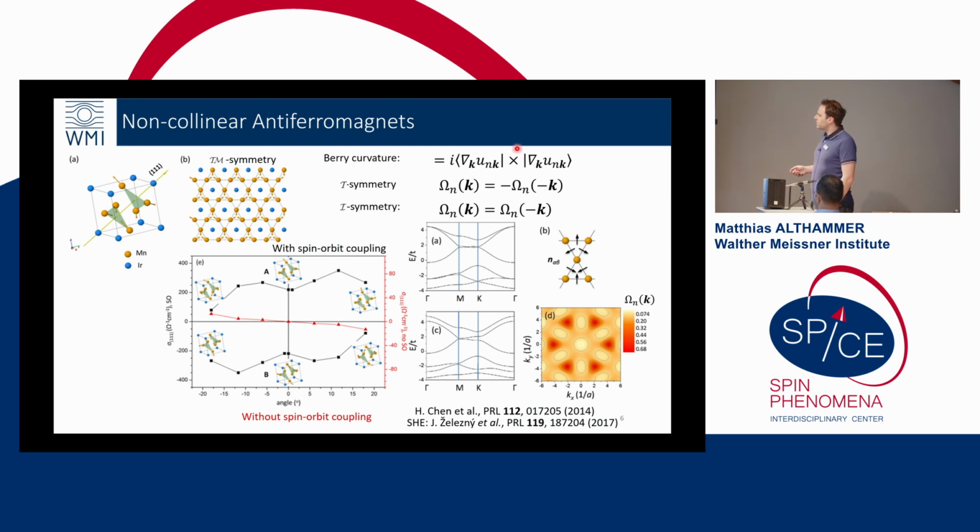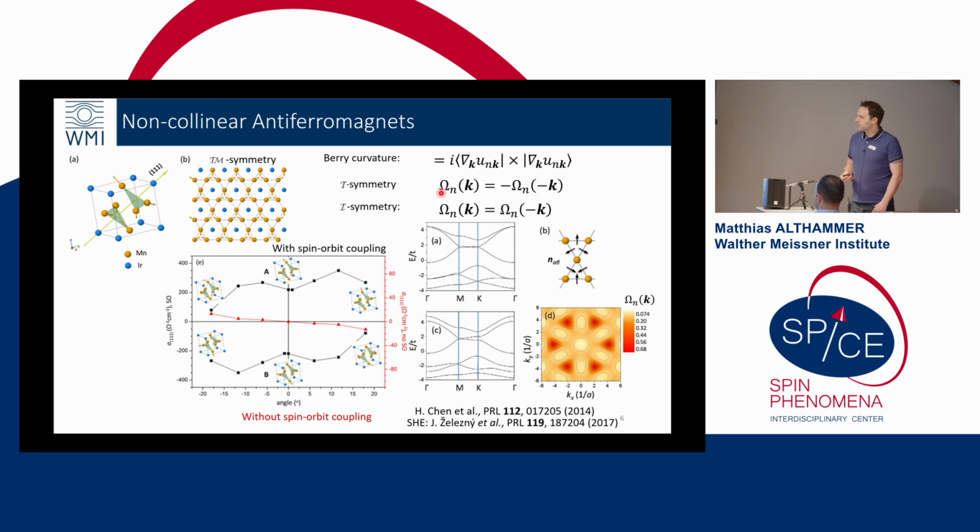So normally, if you think about this Berry curvature, you will figure out that the Berry curvature, due to the time reversal and inversion symmetry that the system has here, should be zero in these structures and should vanish.